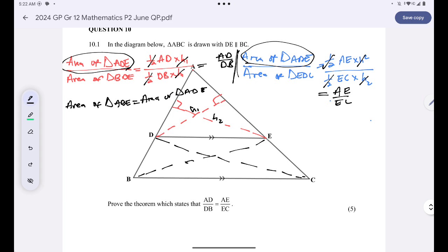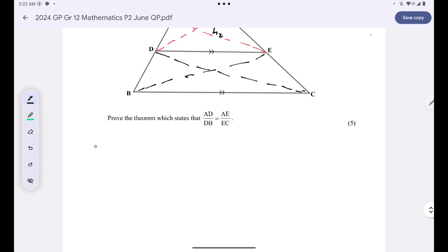So we can simply say, let me write that at the bottom because I think there's room there, the area of triangle DBE will also be the same as the area of triangle ECD. Are you together?